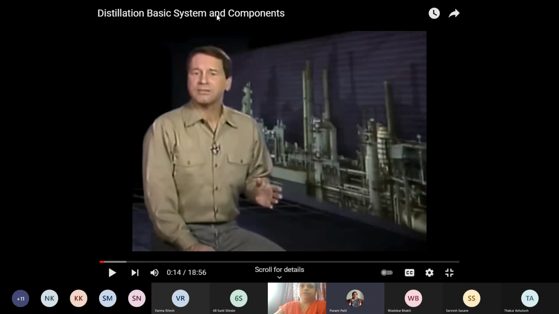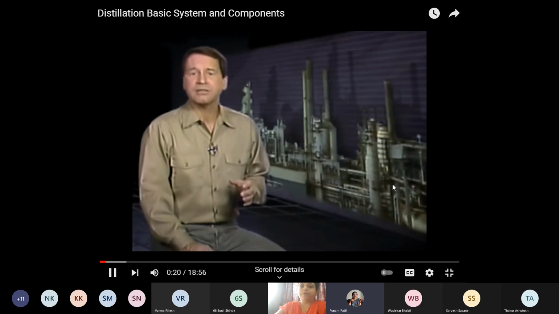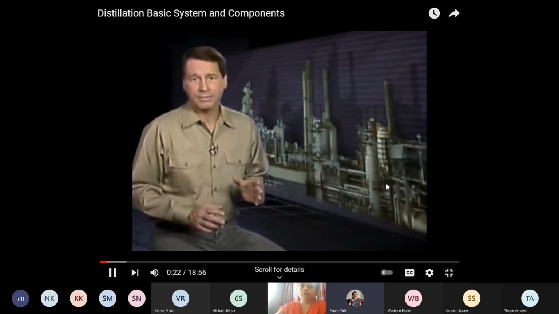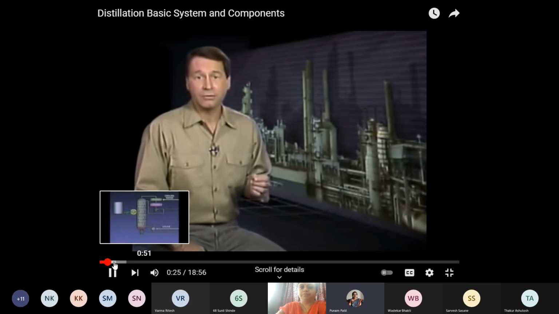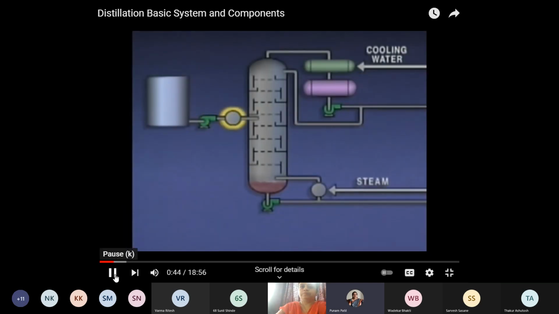What we are going to see, distillation basic system and components. So distillation process is separation of the liquid mixture into two or more components. Components of the distillation unit. This is the feed tank, feed pump, preheater. Then this is the column of fractionator.